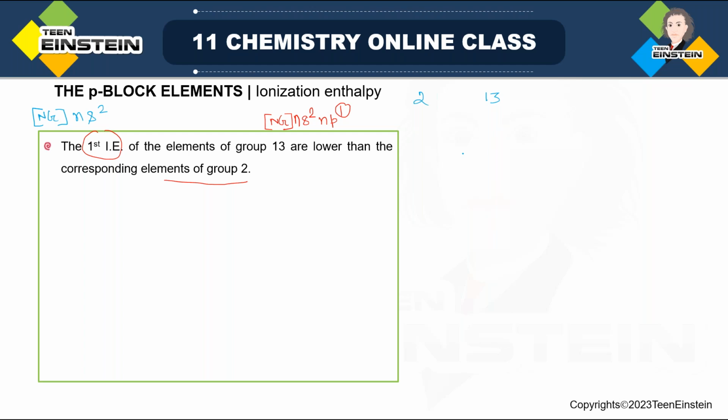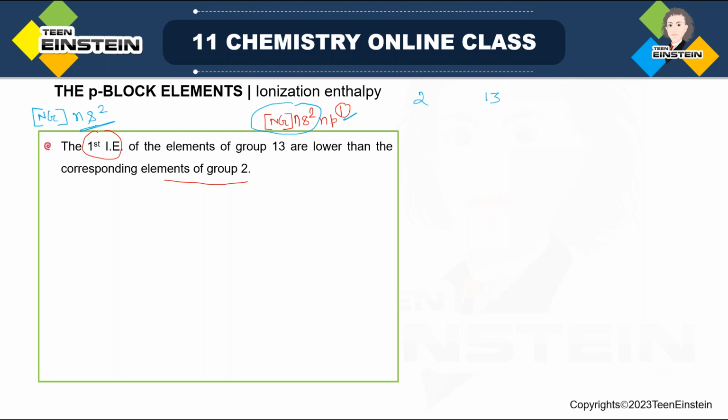The reason is when you are removing an electron from this configuration, that is group 13, you are reaching this configuration, which is fully filled because it is ns2. But if you are doing so for alkaline earth metals, that is group 2, basically you are breaking the fully filled configuration of ns2, which is an energy requiring process.